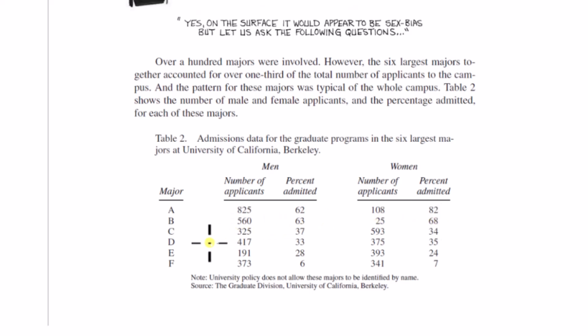B, C, D, E, and F are pretty much exactly the same. And then here you've got 62% of men admitted and 82% of women for the major with the most applicants. But on the whole, it's 44% men to 35% women. That's weird.